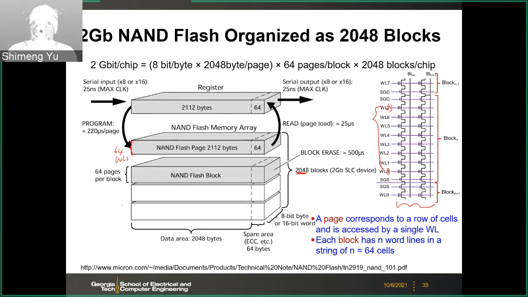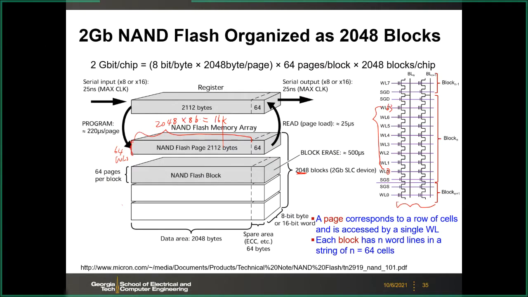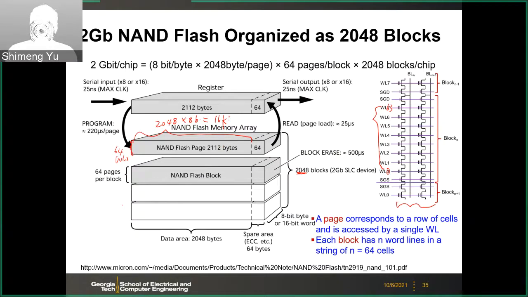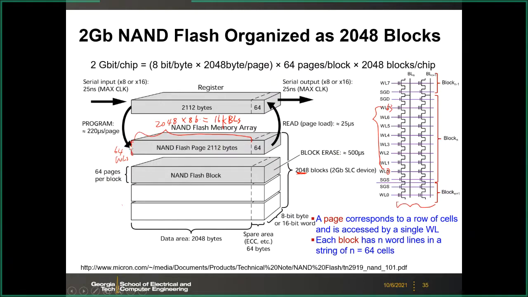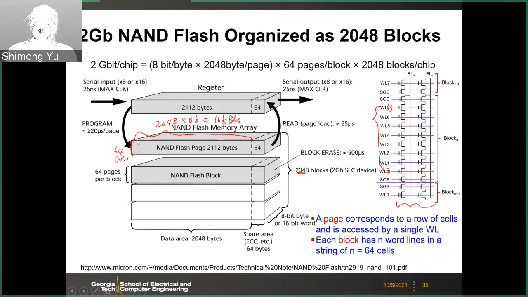In this example, it has 2048 bytes, that means times 8 bits. So in total, it has 16K bit lines. And in this example, it also has some additional area for the ECC parity bits for error correction. But the real data volume will be 64 word lines times 16K bit lines.